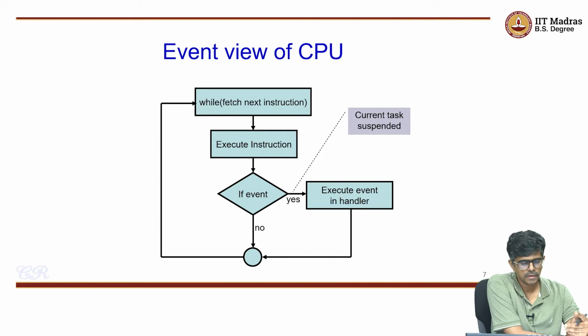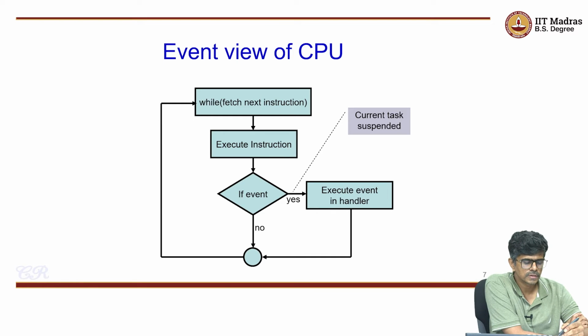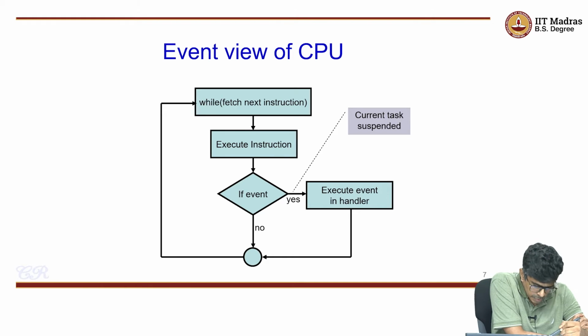At a high level, we can view the CPU in an event model as follows. The CPU is essentially a machine that continuously fetches instructions and executes them, and this typically goes on forever. But we can also view it this way: after it executes a particular instruction, it checks if an event has occurred.